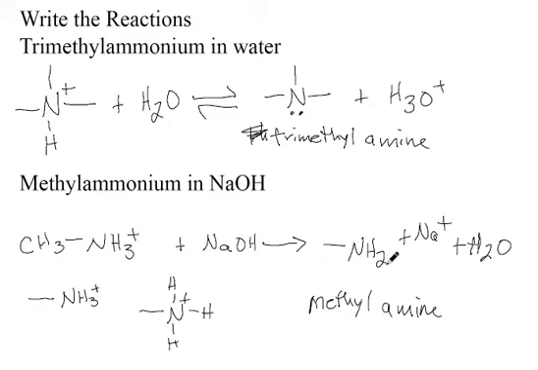So with 3 things bonded, 2 hydrogens and 1 methyl group, it will also have a lone pair. And here we've seen methylammonium ions act as an acid, donate an H+ to the OH- to form water and methylamine along with some sodium ions.